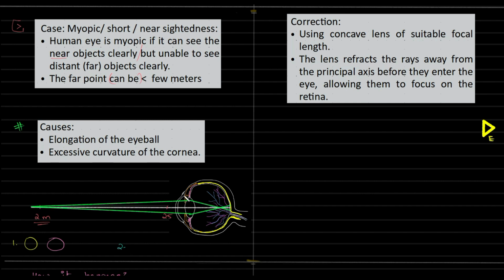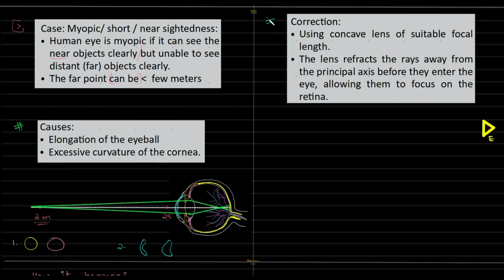So first, where is the cornea? This is your cornea. Instead of being like this, it might end up something like this. Because of this as well, the person will suffer from the myopic problem.